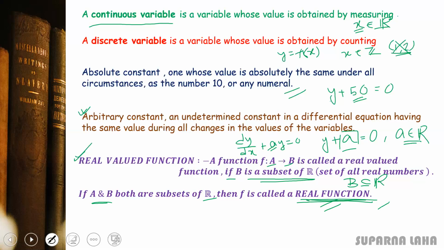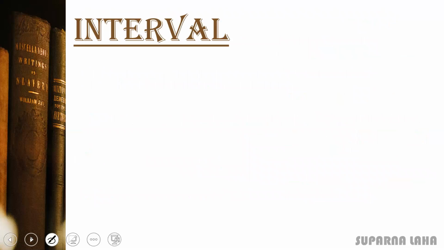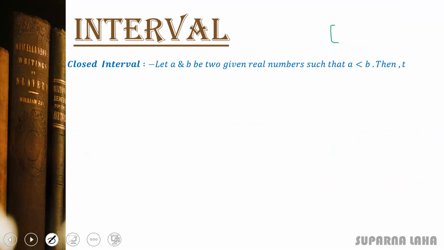So next, let's talk about the intervals. Firstly, the closed interval. What is a closed interval? [0, 1]. This type of interval we will call closed, where the endpoints are included, and between 0 to 1 all the real numbers we will take. So here is the definition. Let a and b be given real numbers such that a less than b, like 0 less than 1.